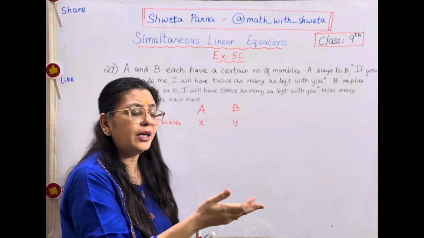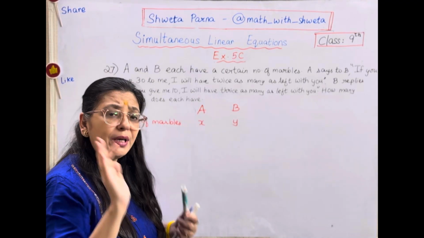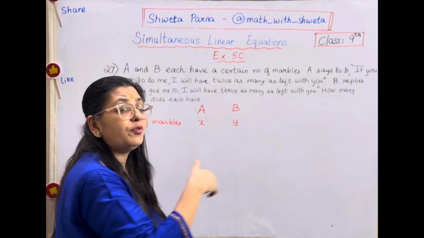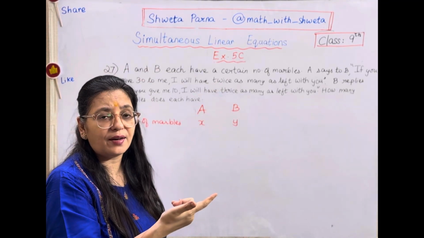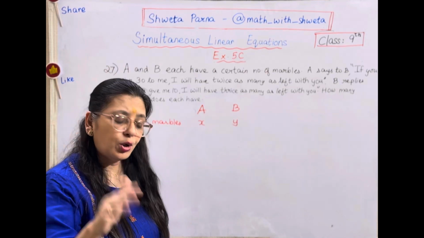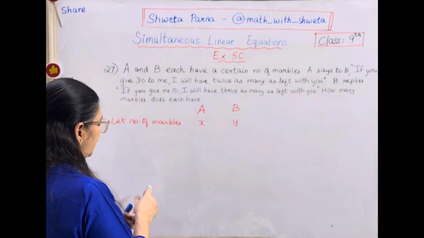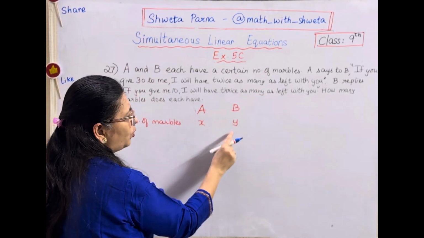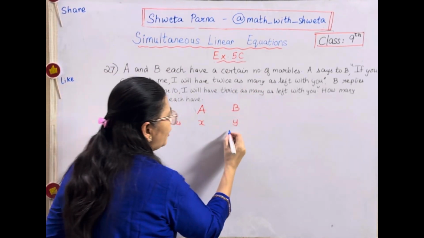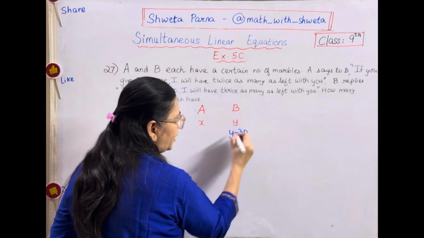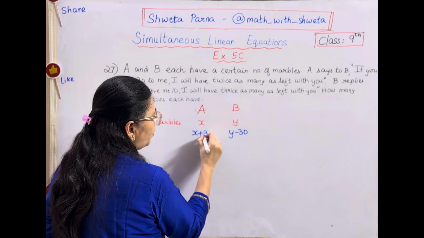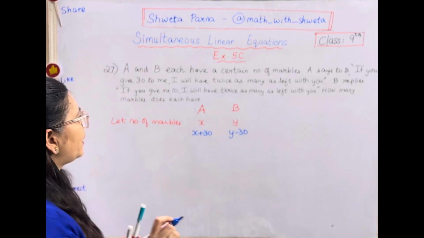Suppose B gave him 30, and if 10 is left with B, that means A will have twice of what B is having. That means A will be having 20. So over here, first, if A says, if you give 30 to me, B is giving 30. So from here 30 will decrease and A is getting 30. So it would be X plus 30. This part is clear.